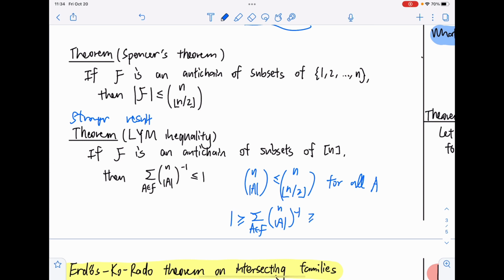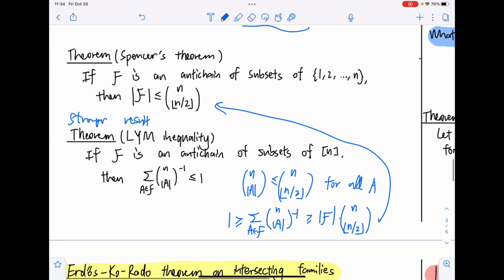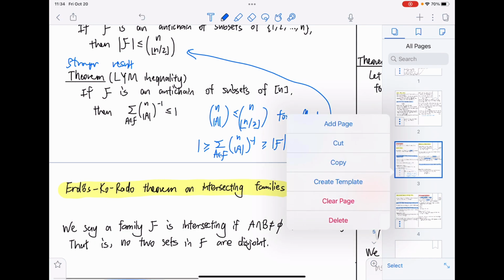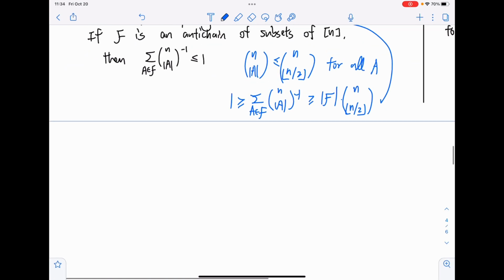Then this is greater than or equal to the size of F times n choose the lower floor of half n. Then it gives Sperner's theorem. So we're going to prove the LYM inequality.